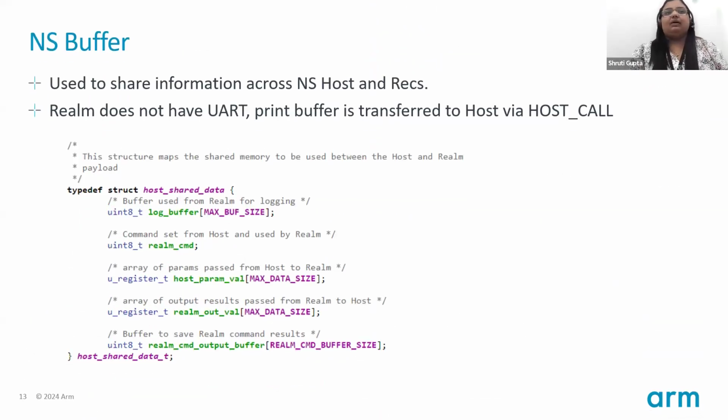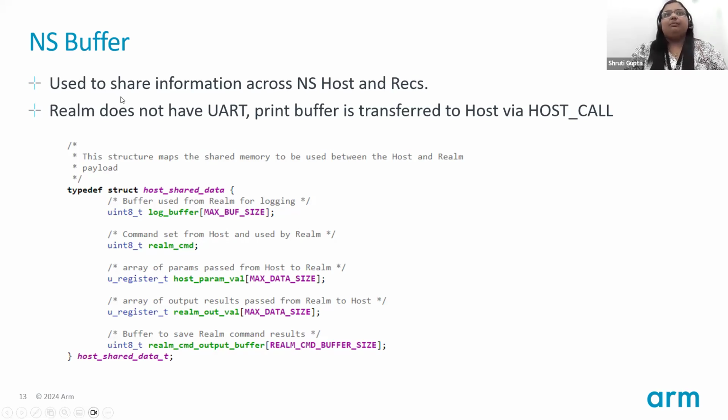So yeah, this is how we have designed the non-secure buffer. This is to share information across the non-secure host and the realm. This structure is per rec. We have the log buffer. This log buffer is used for realm printfs. Since the realm is platform independent, it does not have a UART of its own.